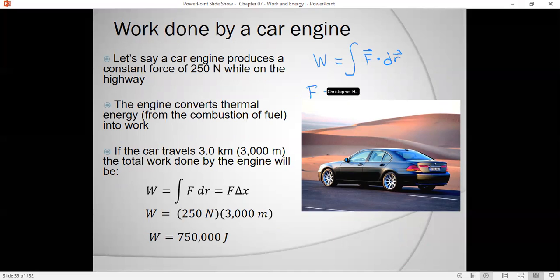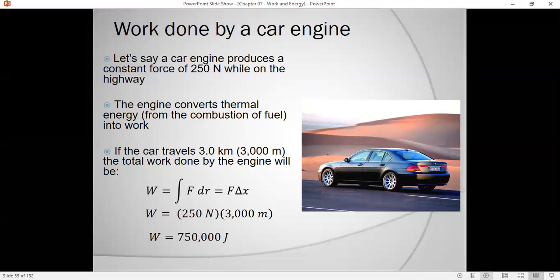If F is constant, the integral goes away. If F is pushing in the same direction as the displacement, the cosine goes away. So most of the cases we look at are actually special cases. In this case, we'll look at a special case.